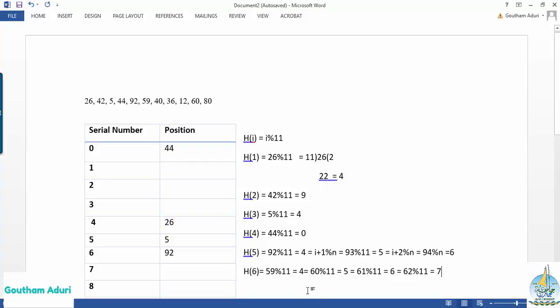So in the seventh position we're going to get 59.